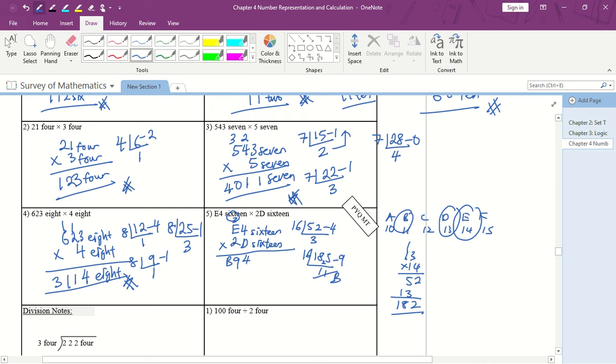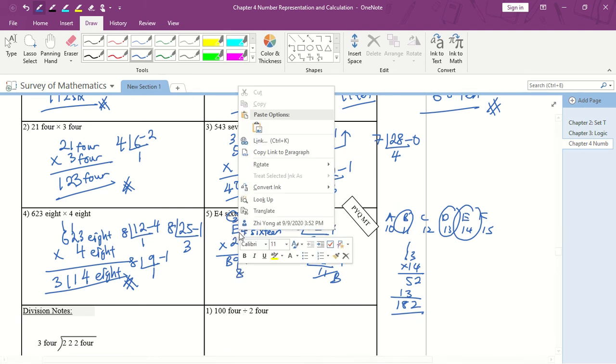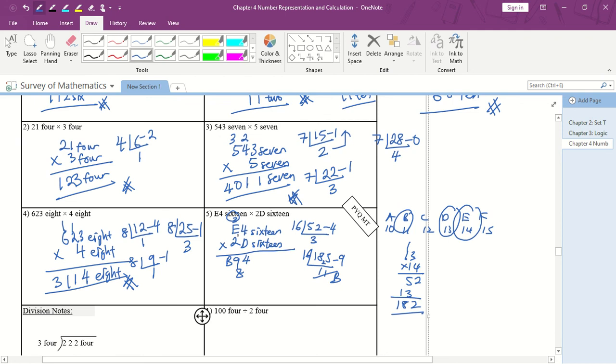So 2 times 4. 2 times 4 is 8, so it's nothing much. And 2 times E. So now, what is E? E is 14. So 14 times 2 is equal to 28. So again, 28 you need to divide by 16.